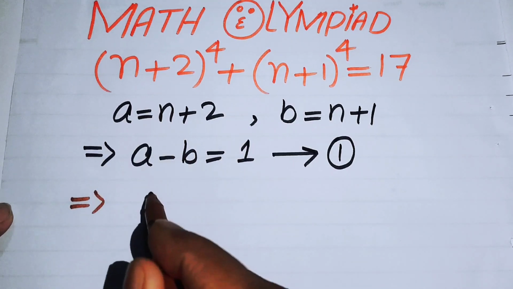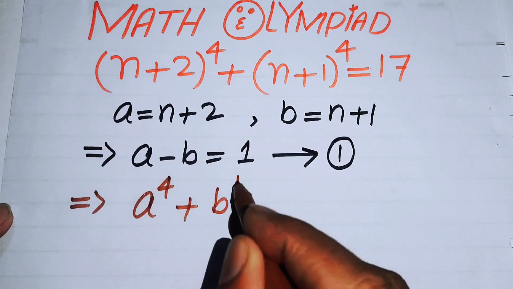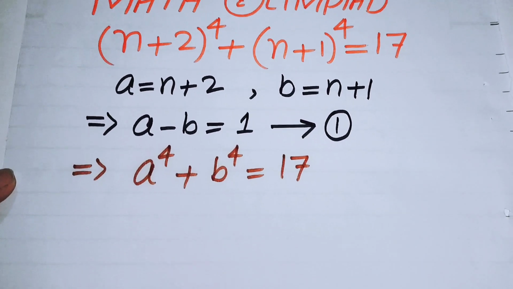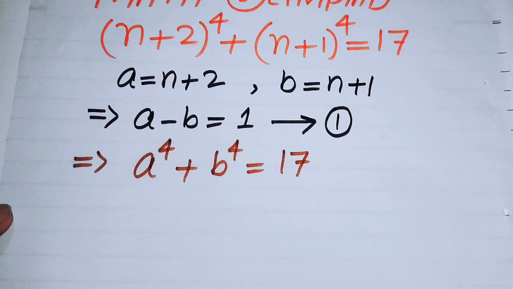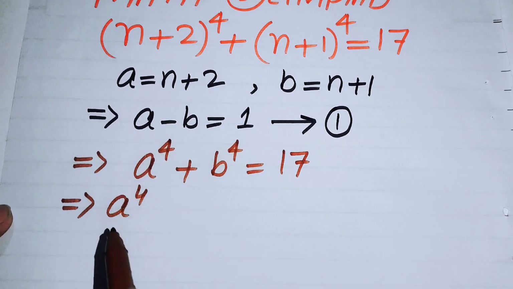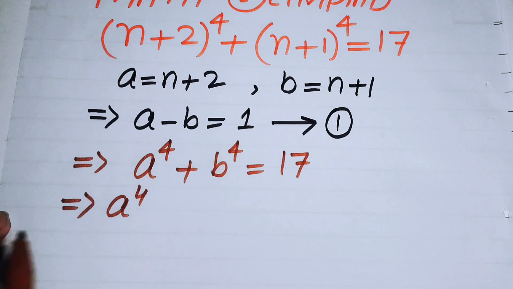So it becomes in this form: a^4 + b^4 = 17. And now in the next step we will make a little bit of simplification here, and we add and subtract 2 times a squared b squared.